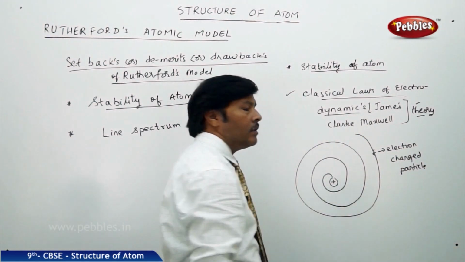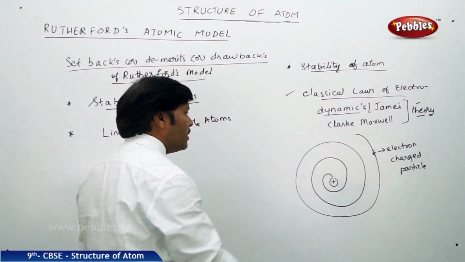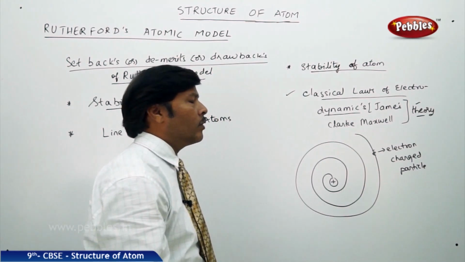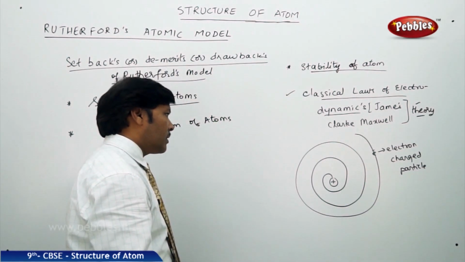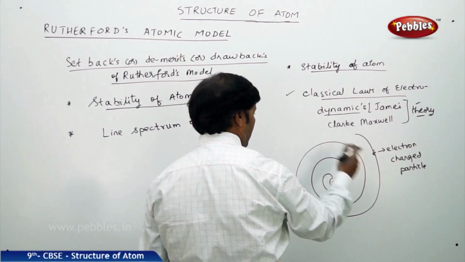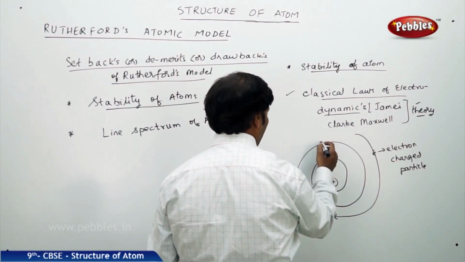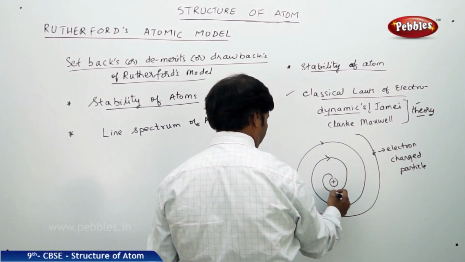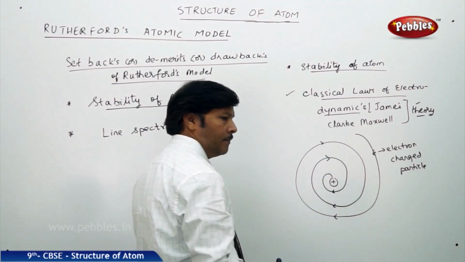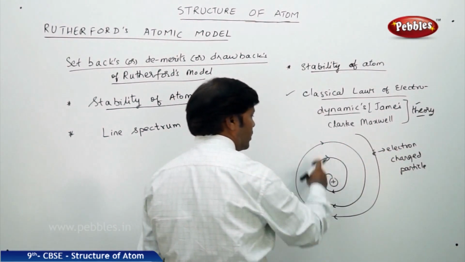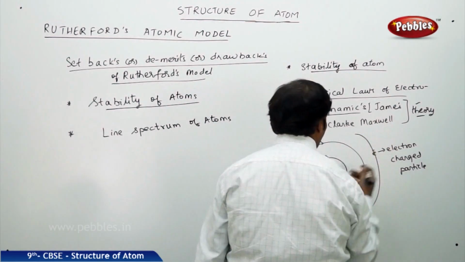As long as the electron is revolving around the positively charged nucleus, according to the classical laws of electrodynamics given by James Clerk Maxwell's theory, it has to come closer and closer to the nucleus, and it has to collapse. This is the nucleus. When the electron is continuously revolving around the positively charged nucleus, it will radiate energy continuously.